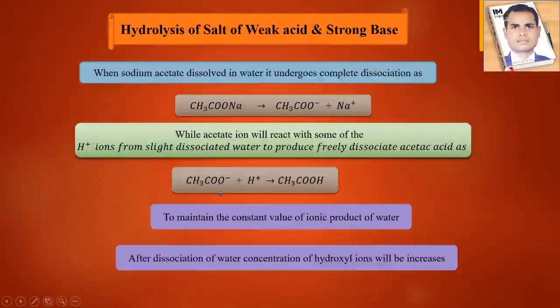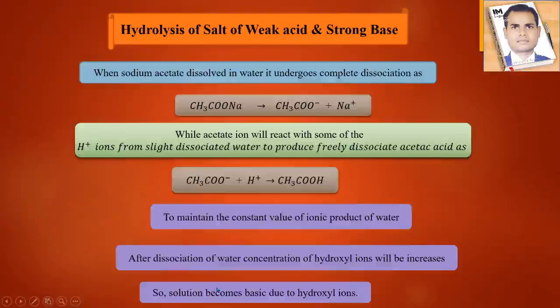H plus will be attracted towards the acetate group, and OH minus will remain as it is. That means the concentration of OH minus ions will increase, so the solution becomes basic in nature due to the hydroxyl ions. Obviously, OH minus ions will increase, so the solution will be alkaline or basic.